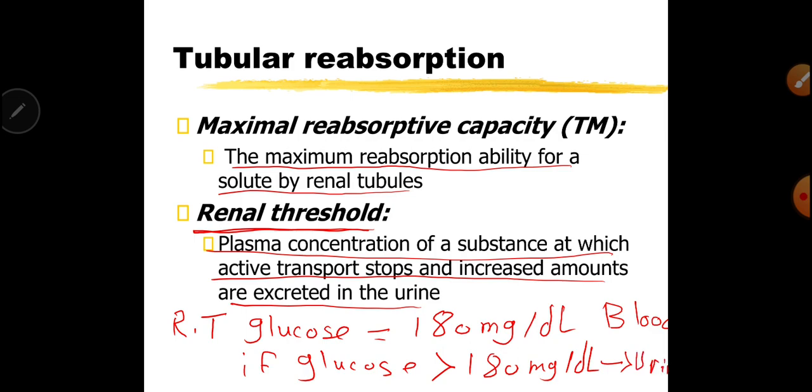So this is the idea. The renal threshold reflects a plasma concentration of a solute above which the kidney will not be able to further reabsorb this solute. So we can use this example for the renal threshold always in the medical laboratory.